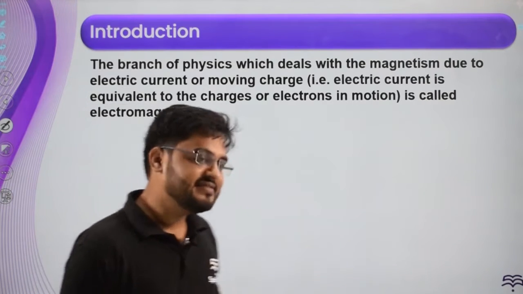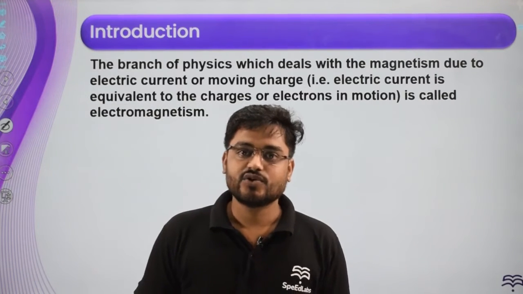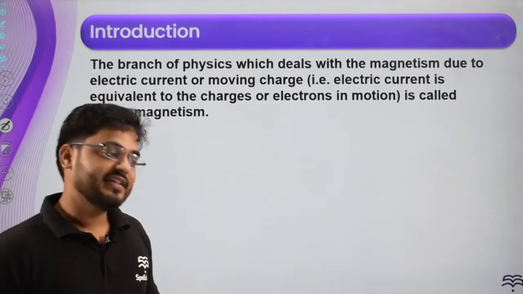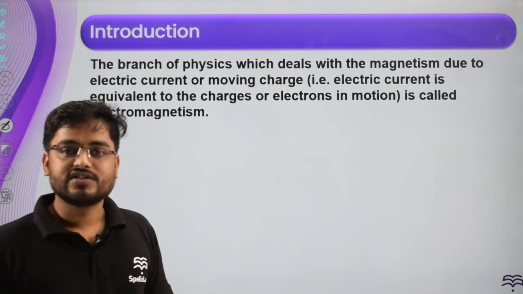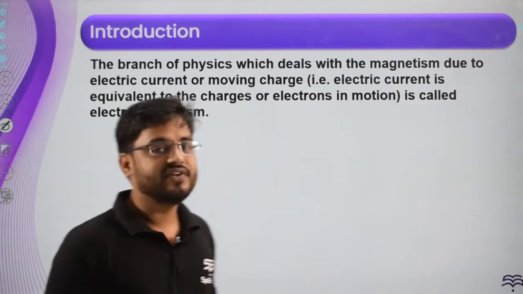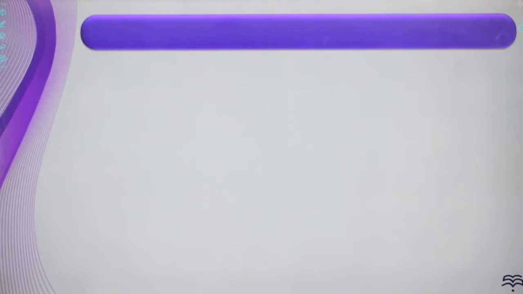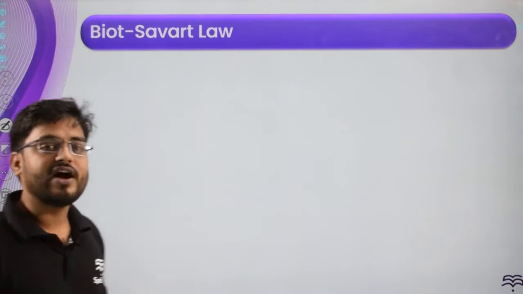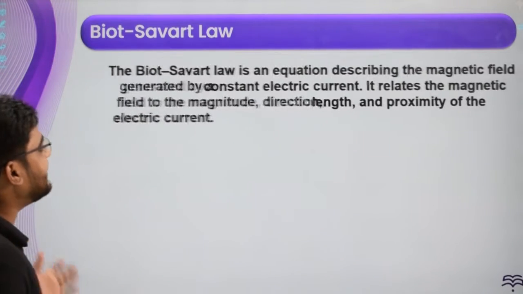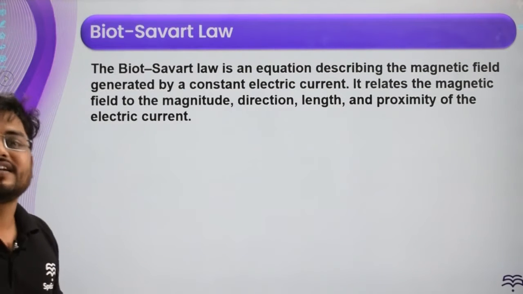Moving charge is nothing but current, right? In a current carrying wire, there are electrons moving. So we will say that it is current or moving charge which produces the magnetic field. For that, we are going to study Biot-Savart's law. Biot-Savart's law tells us that if there is a current element, how much magnetic field it produces.